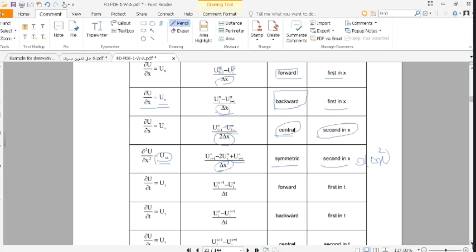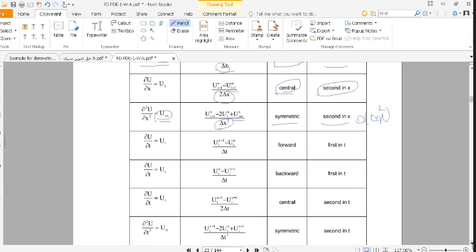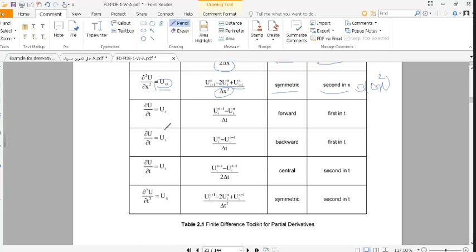These formulas can also be used for derivative respect t. For example, for round u over round t or ut, forward finite difference approximation is u i n plus 1 minus u i n.